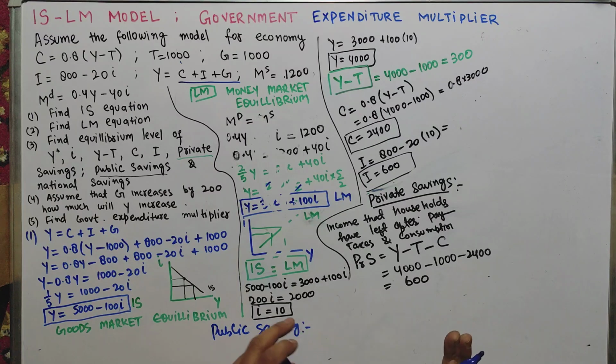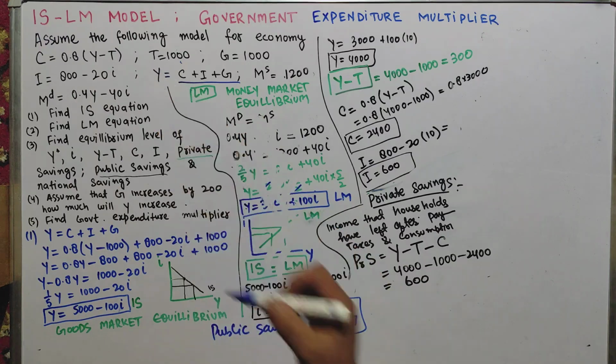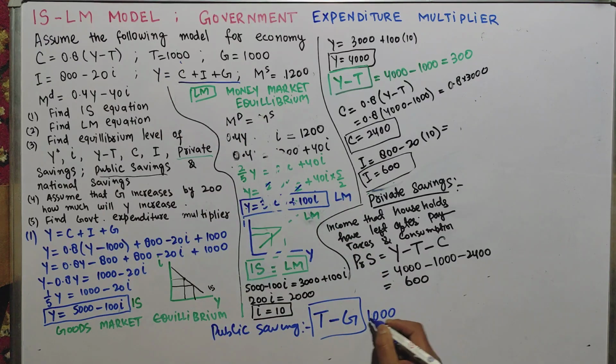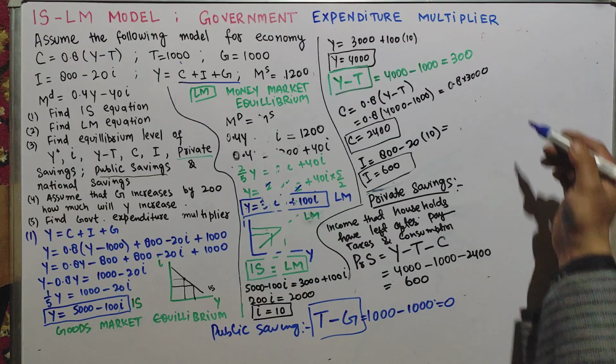Public savings will be equal to the total tax revenue minus the total government expenditure. Here we have seen taxes are 1,000 and government expenditure is also 1,000. So public savings will be equal to 0 in this question.